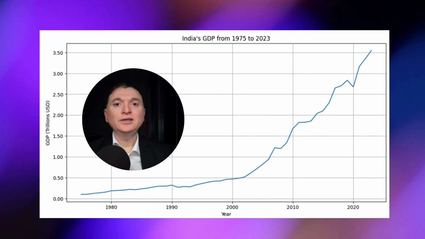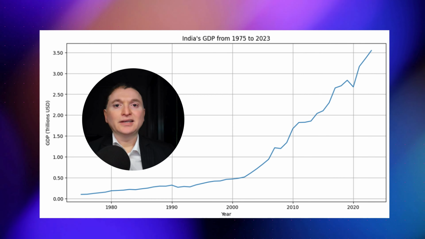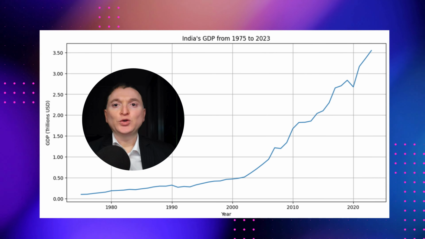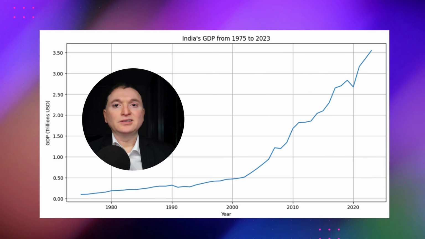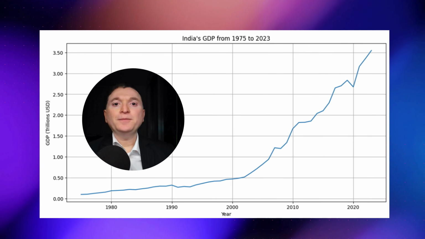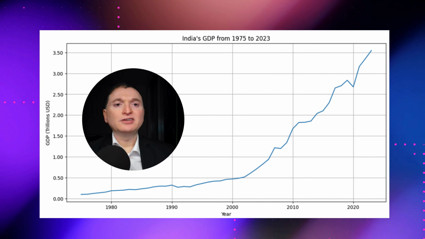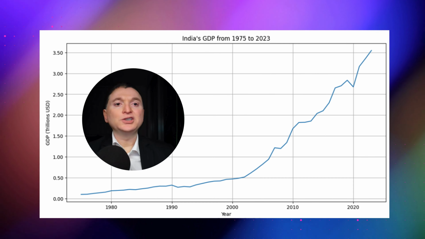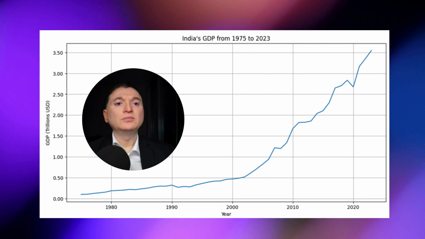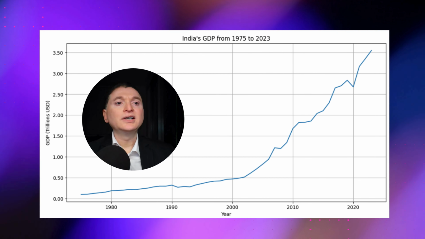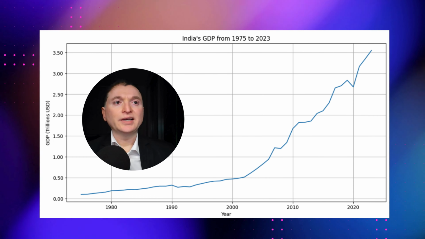You can see the x-axis at the bottom, as well as the y-axis that shows all the way from a relatively low GDP in the 1980s, and then you can see a phenomenal growth of India's GDP, particularly from 2000, and then you can look at the steepness of the curve all the way from 2020 and above.